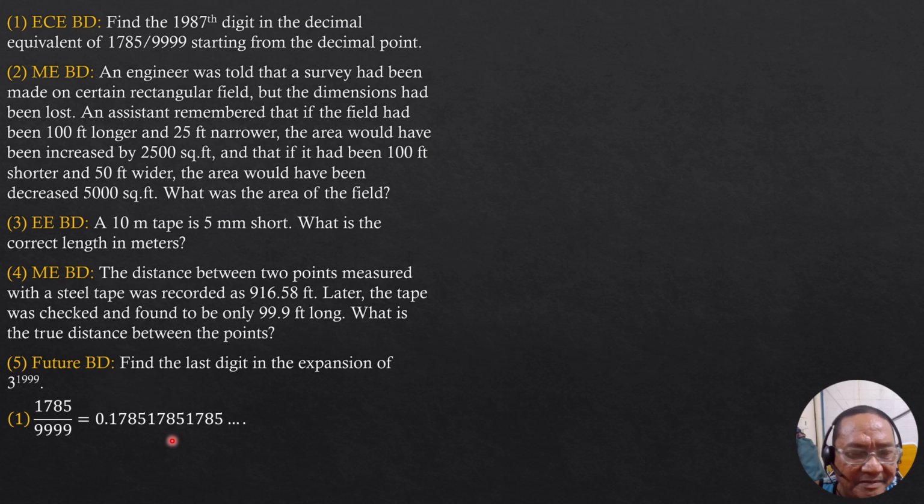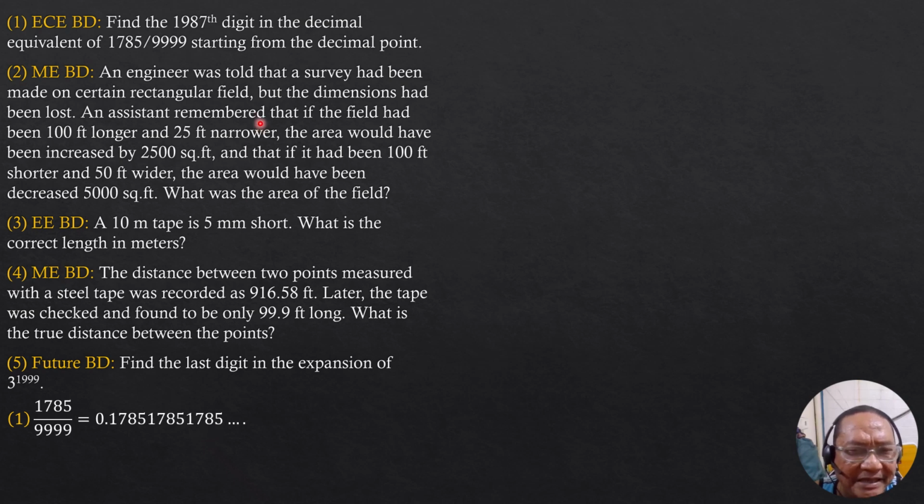Then the first digit is 1, next is 7, next is 8, next is 5, then the fourth digit is 5, the eighth digit is 5, the 12th digit is also 5. It means that for every 4 cycles, the digit will be 5.